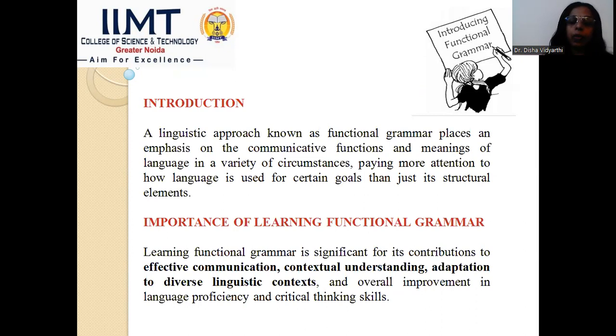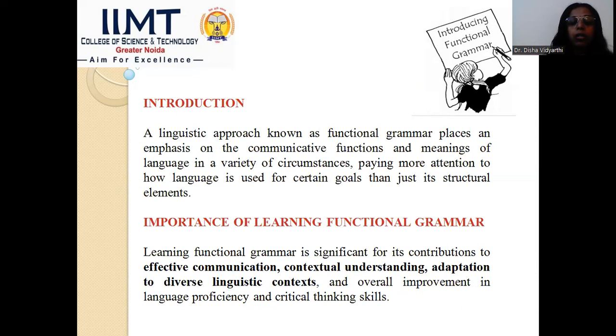A linguistic approach known as functional grammar places an emphasis on the communicative functions and meanings of language in a variety of circumstances, paying more attention to how language is used for certain goals than just its structural elements. So we can see that functional grammar focuses more on the communicative aspects and the empirical add-ons of that grammar structure.